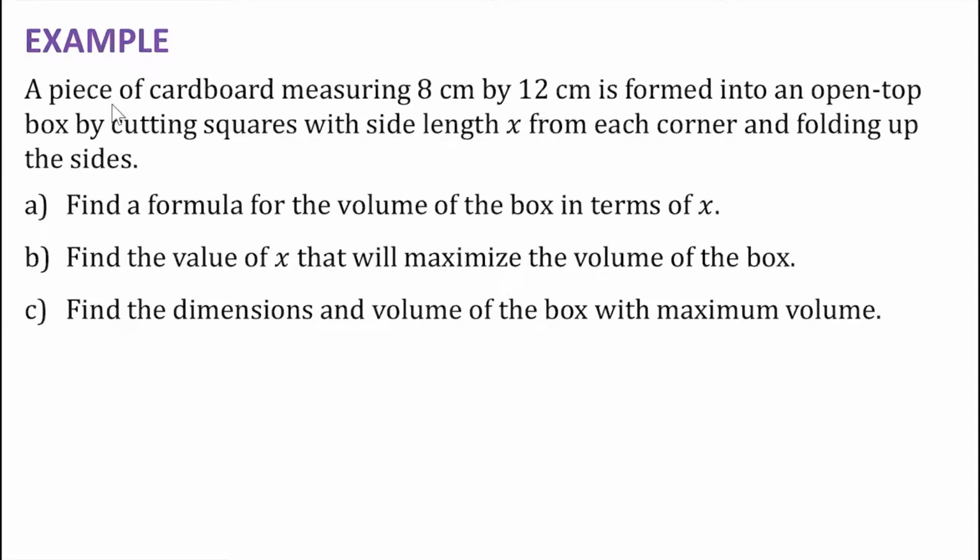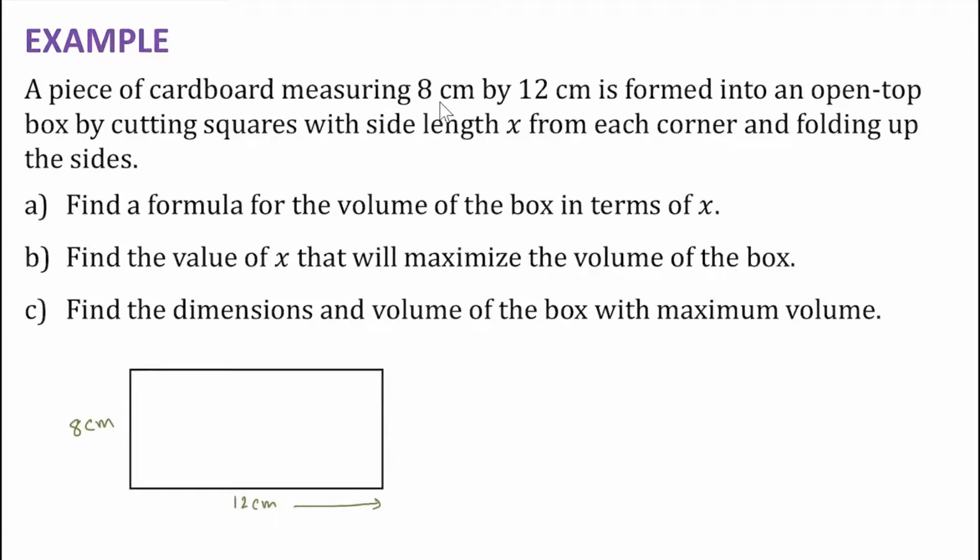What they said is there is a piece of cardboard measuring 8 by 12. So let me draw that first. Suppose that is the cardboard which measures 8 by 12, that is 8 centimeter width and 12 centimeter long. So length is 12, width is 8.